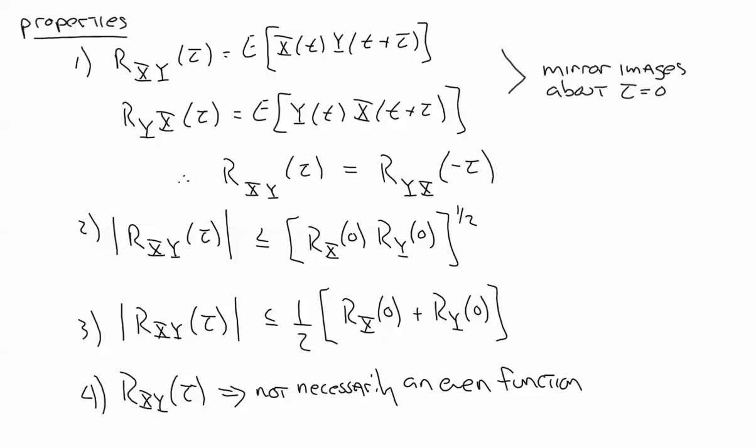If I take a function x and shift it to the left or shift it to the right, I get the exact same autocorrelation result. The only way I'll have a cross correlation that is even is if both random processes x and y are both even. That's not commonly the case. Okay, so just some properties. Let's do some examples.